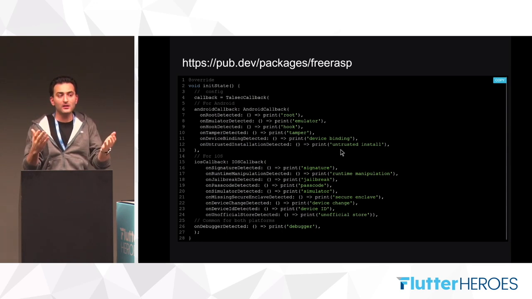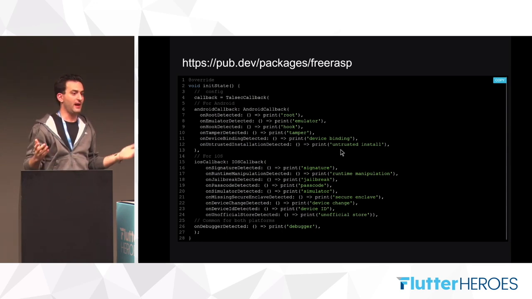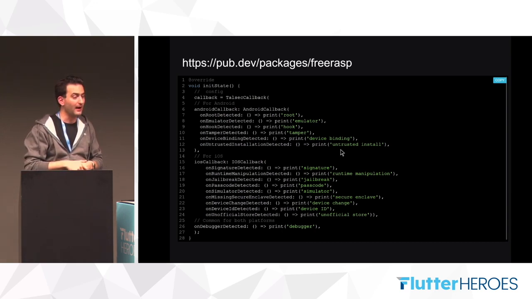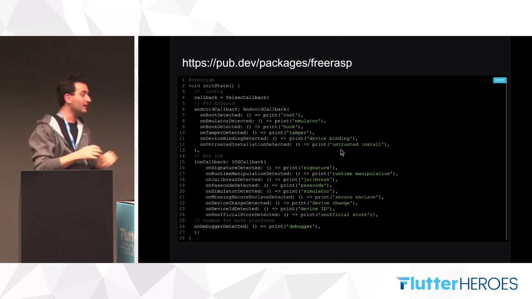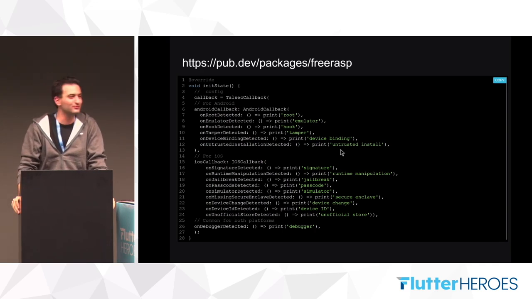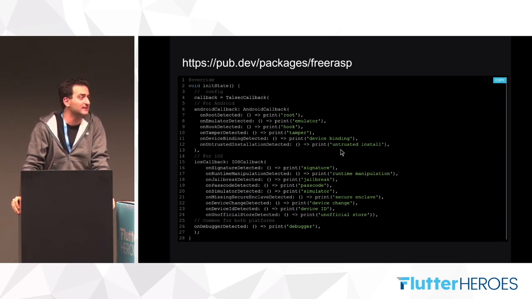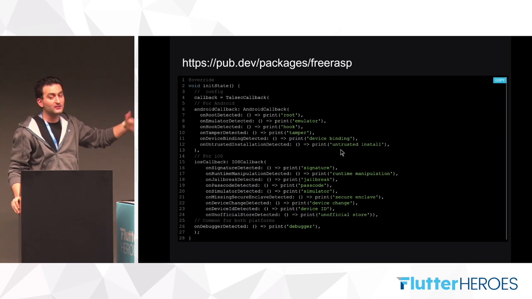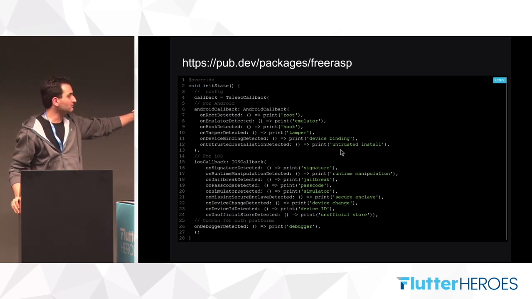And in that callback, you can take care of anything you want. What can you do if a root attack is really happening and you get that callback? Well, I don't know, maybe you can exit the application, make your app crash or something like that, or delete the data immediately. So at least you get some of the attacks at runtime and you can take care of them.